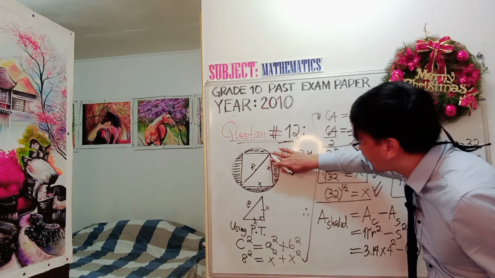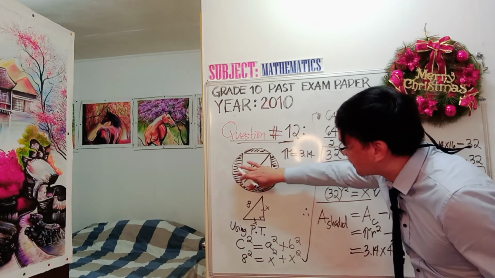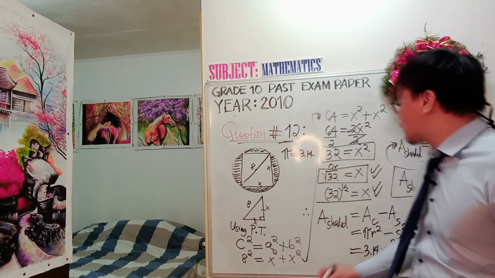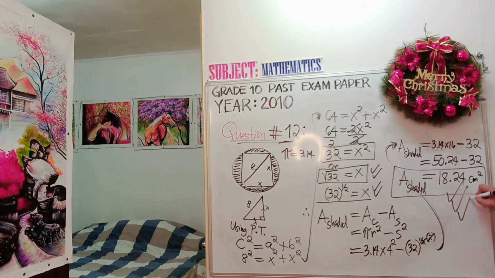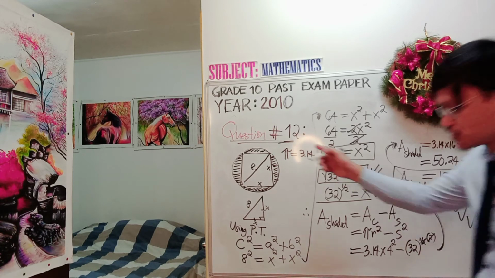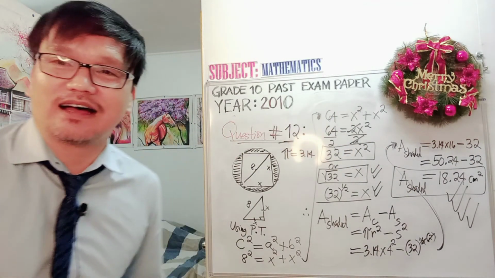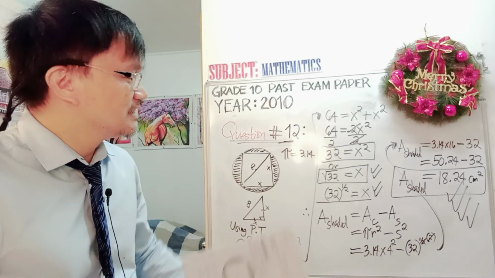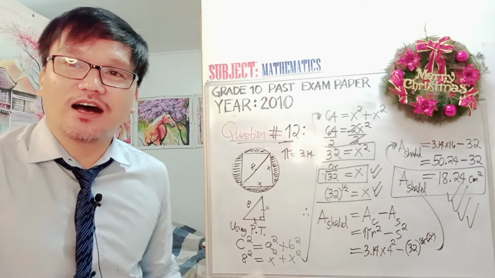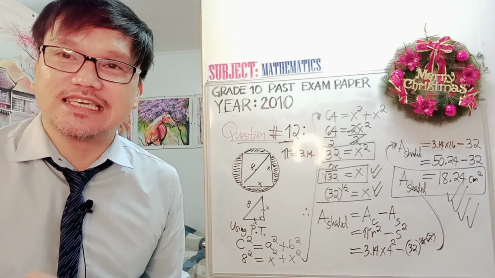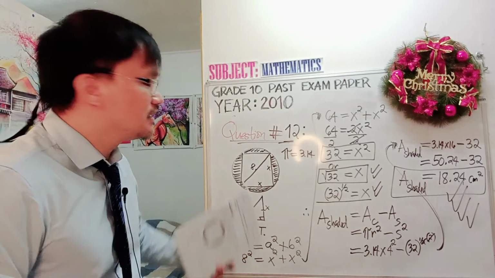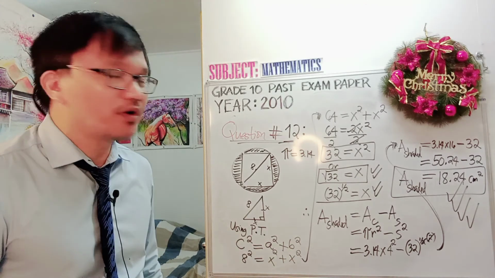This area here, that area there, this area there, and this area combined give us the area of the shaded part as 18.24 square centimeter. This is now our final and correct answer for question number 12, Mathematics Past Examination Paper, year 2010. Let us check which of the 5 options A, B, C, D, and E gives us the value of the area of the shaded part, 18.24.